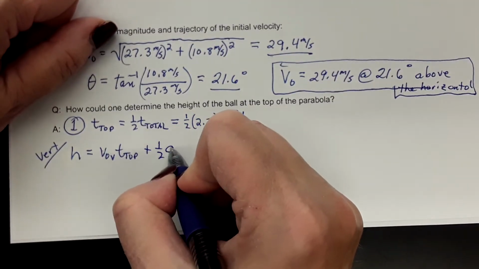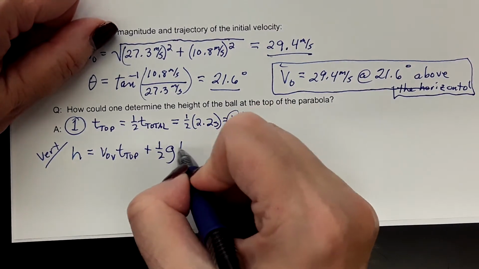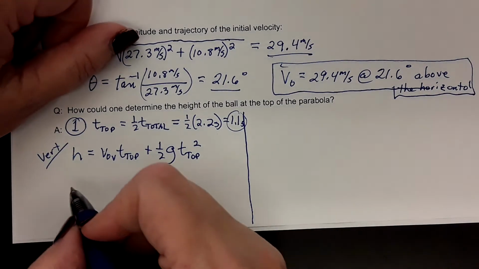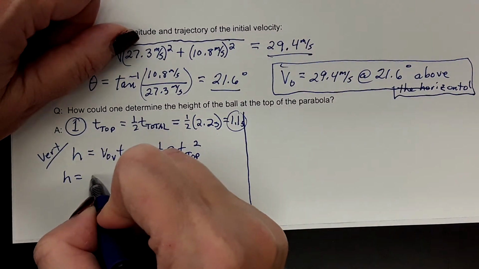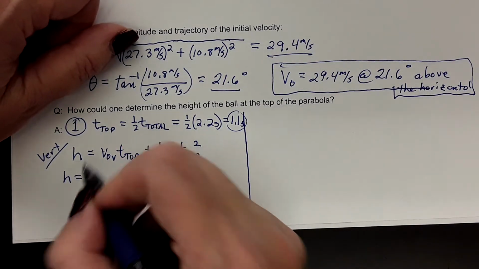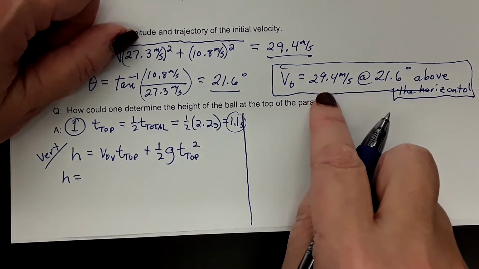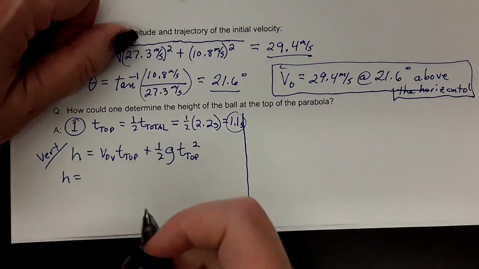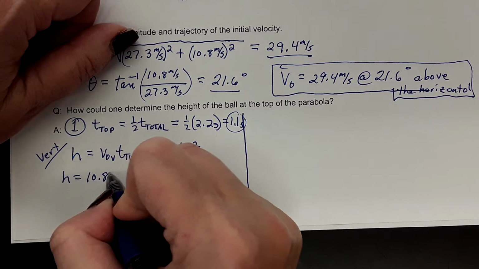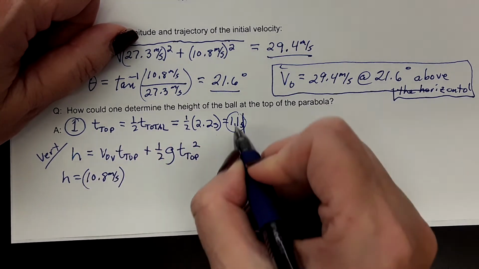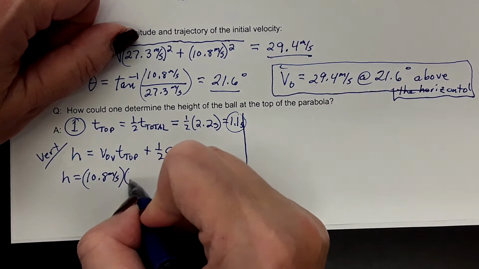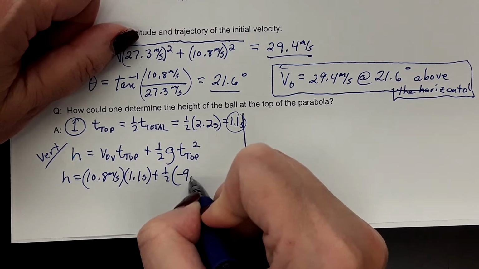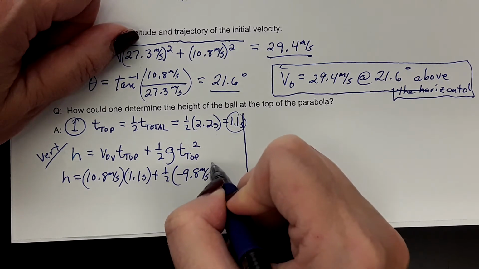And we're going to decelerate on the way up for that time period, okay? So now we get h equals, now our initial vertical velocity, don't use this. That's horizontal as well as vertical, don't use that. Go back up here to your DVAT chart. We want to use the 10.8 meters per second, and we're going to decelerate from that for 1.1 seconds by increments of 9.8.